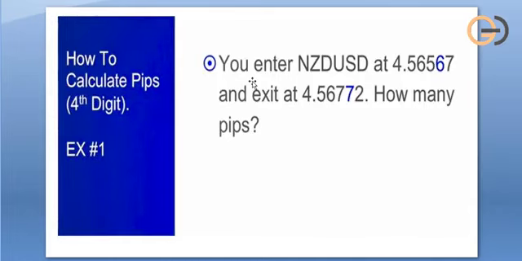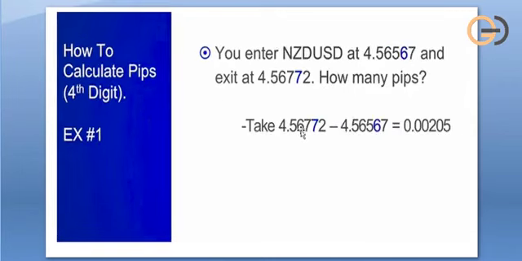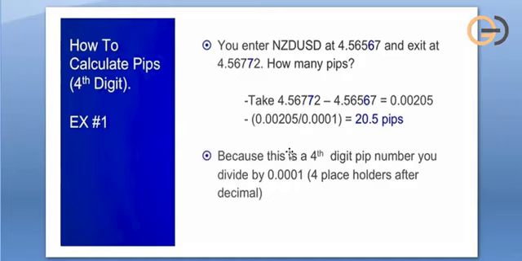For example, you are trading a currency NZD USD at 4.56567 and you exit at 4.56772. How many pips? So you have to subtract, you remove the entry point from the exit point. That is how the pip is gotten.